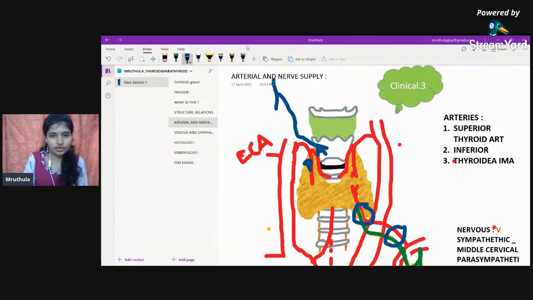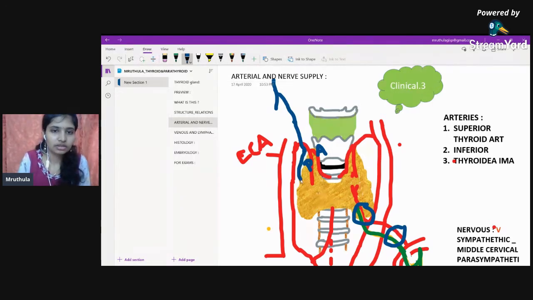Actually, the coursing should be on the opposite side. As it comes close to the gland, it's coursing closer, but as it reaches near the gland, it goes away.